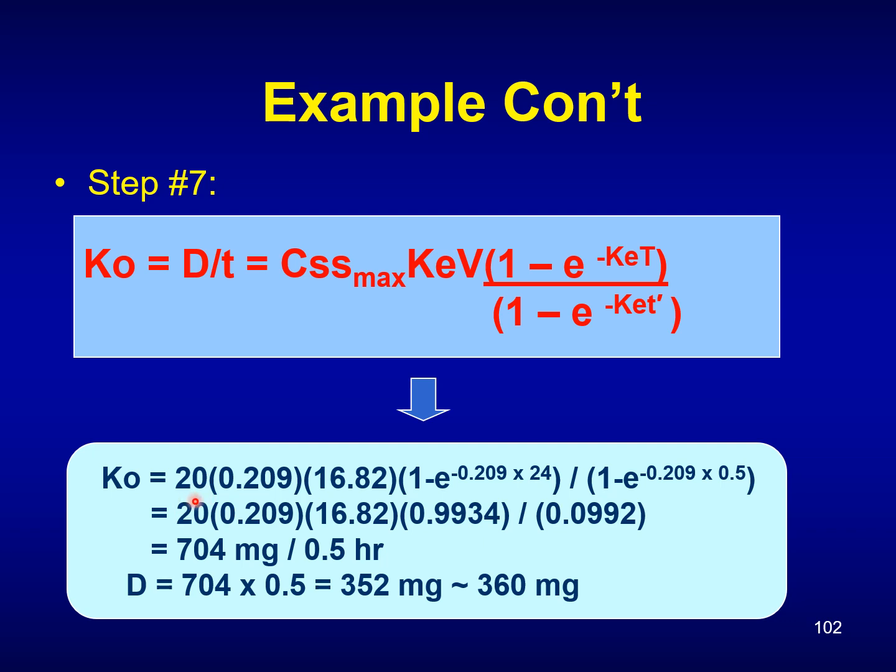Again, we're using desired Cmax rather than the real Cmax because we're trying to aim for this with the new dose, but using the patient's specific Ke and Vd. So K naught is 704 milligrams over 0.5 hours. So the dose is equal to 704 times 0.5, which is 352 milligrams, rounded up to 360 milligrams.